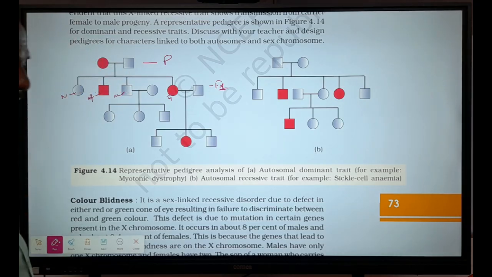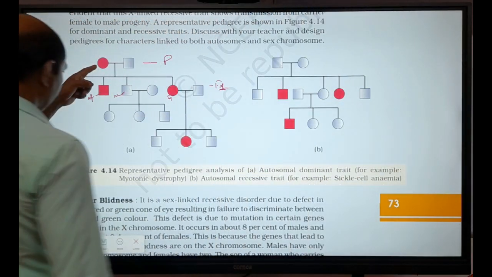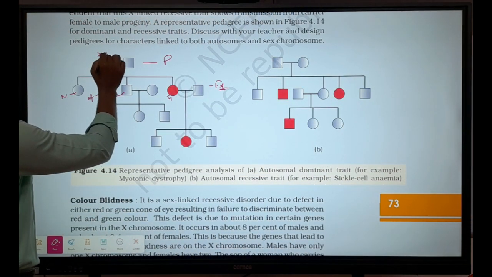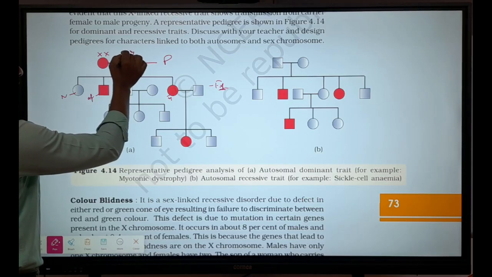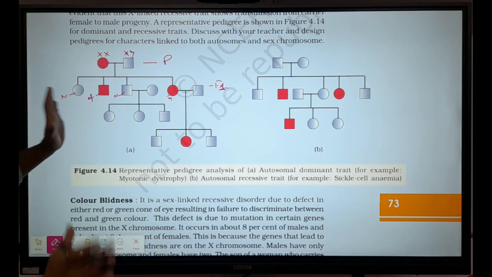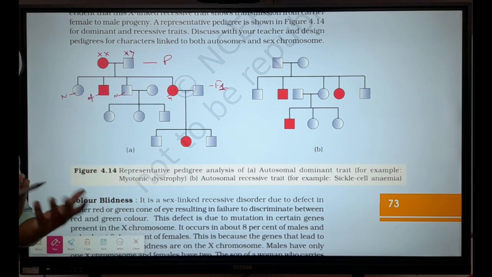The mother is affected. Can you tell me if it is a sex-linked trait? Suppose it is a sex-linked trait, then it is XX and XY. Then we understand whether it is sex-linked or not. You understand from here, right? I am only telling how we could understand whether it is an autosomal or a sex-linked trait, recessive or dominant.